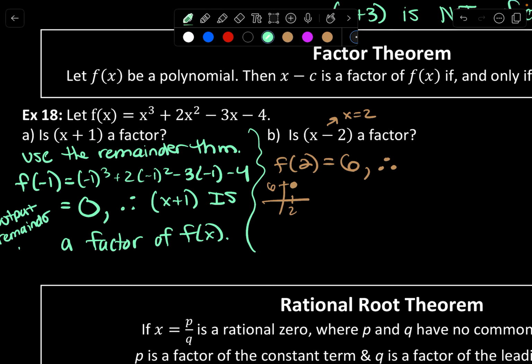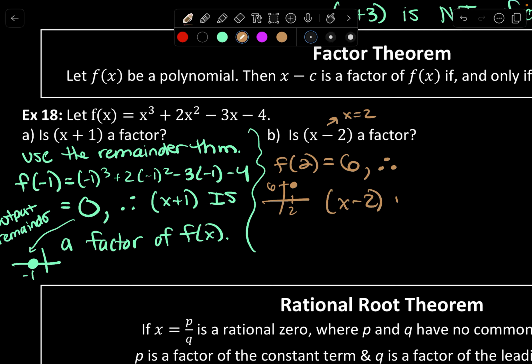Now for the first one, at negative 1, let me fix this. At negative 1, our output was 0, therefore it was crossing the x-axis, okay? So that means it is a factor, it is a solution, but 2 is not. So therefore, x minus 2 is not a factor.